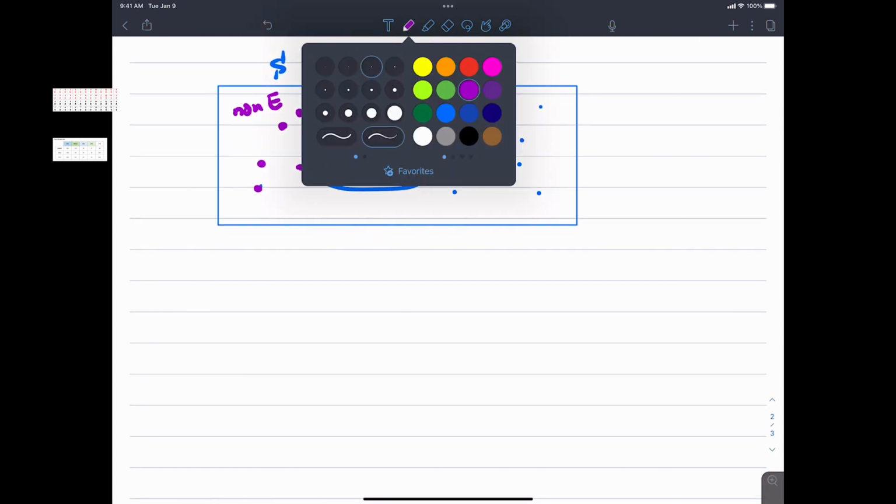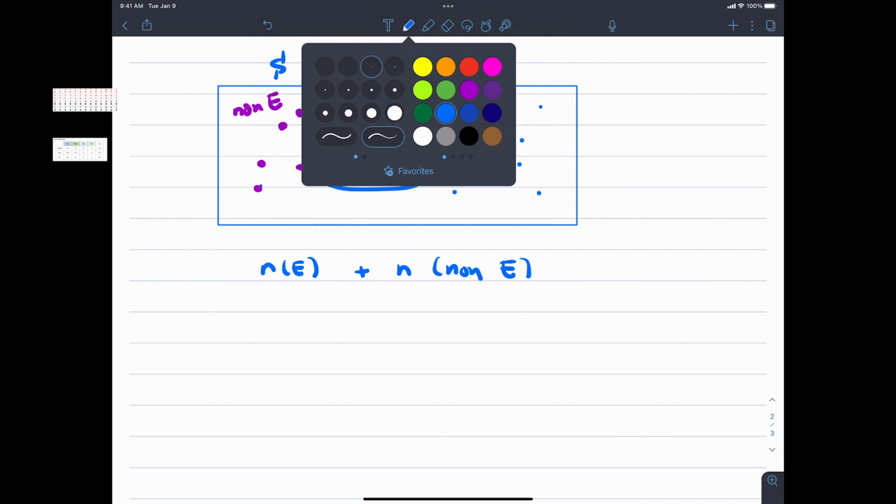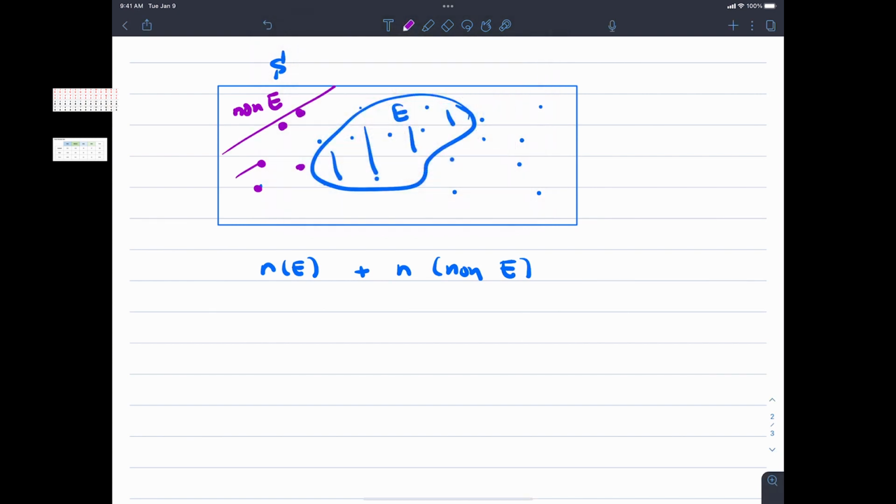So what I'm going to say to you guys is this. If I count all the dots that are in E, all of these dots, and then I add the number of dots that are not in E, you say, well, what are those? Well, these are all of these here in purple.